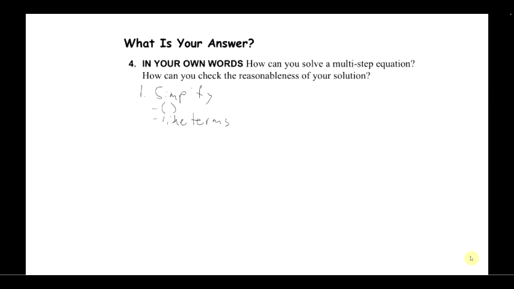After we simplify, the next thing we need to do is the inverse of adding or subtracting.